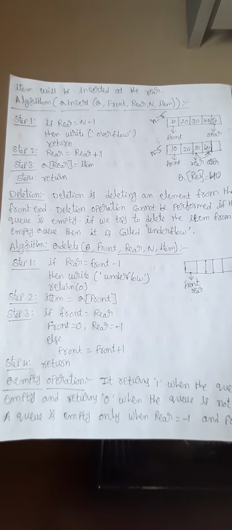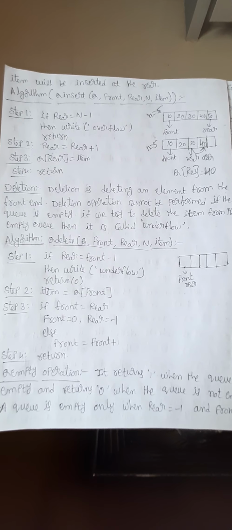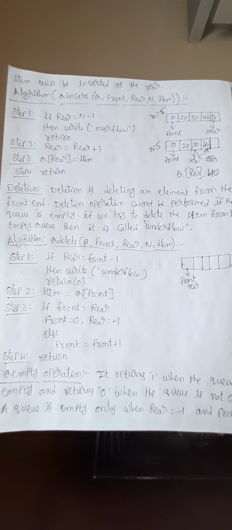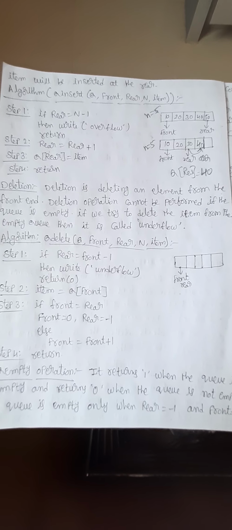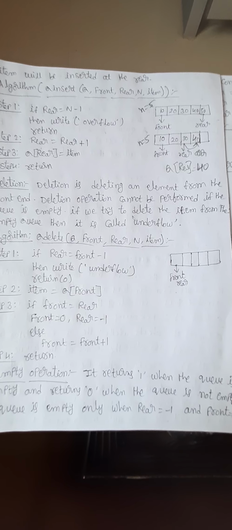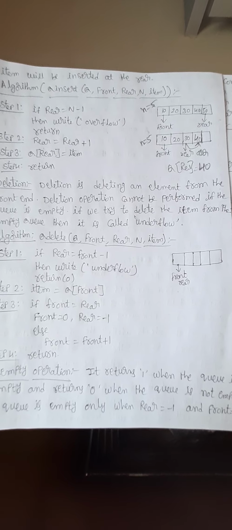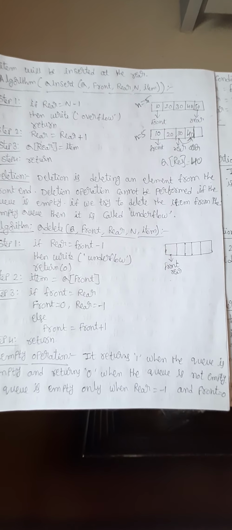And see the next one, deletion. Here we can delete the element from the front end. Deletion cannot be performed if the queue is empty. If we try to delete an element from an empty queue, that condition is called underflow.